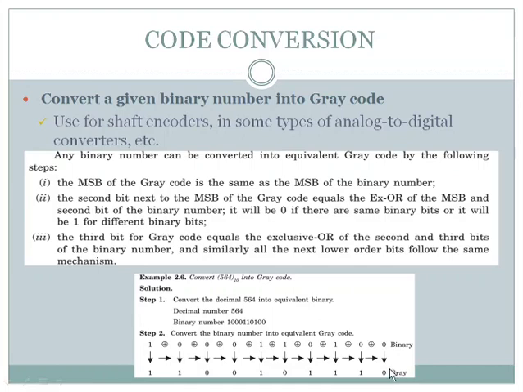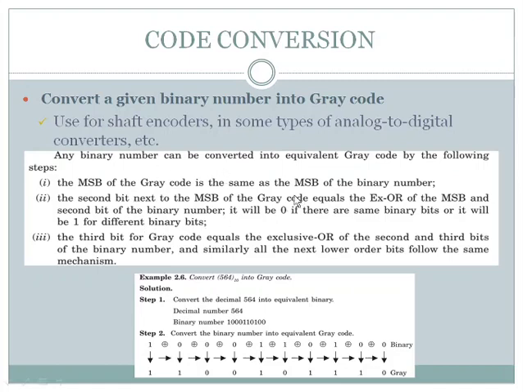So this is how we can convert a given binary number into Gray code, or a given decimal number into Gray code. Whatever number you want to convert into Gray code, first convert that into a binary number, and the binary number can be converted into Gray code by following these steps.